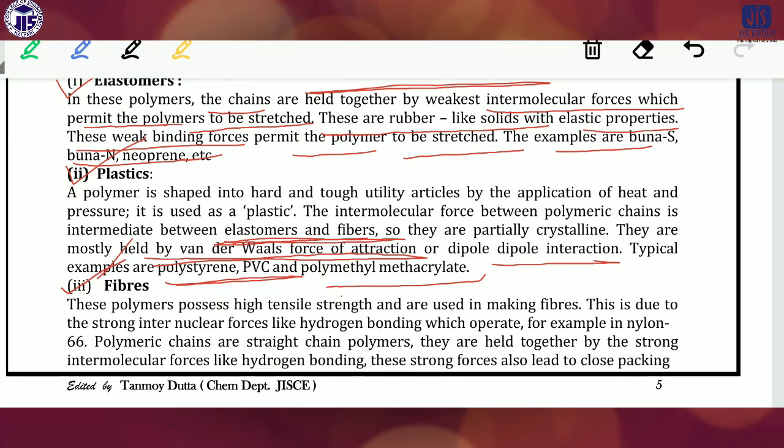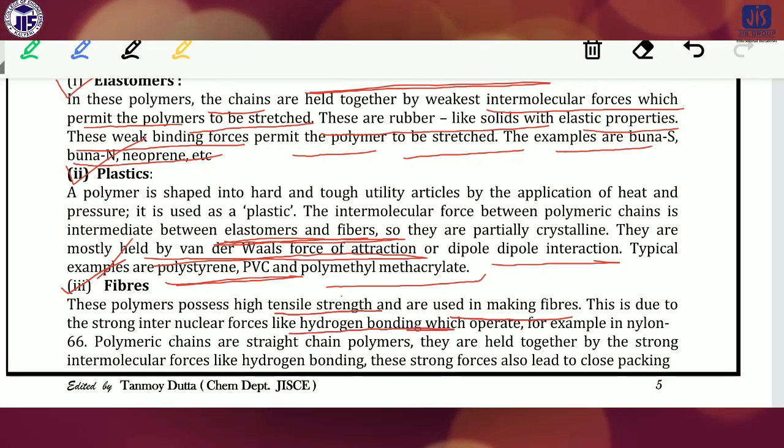So these polymers possess high tensile strength, because the intermolecular force is higher with respect to elastomers and plastics, and they are used in making fibers. This is due to strong intermolecular forces like hydrogen bonding.